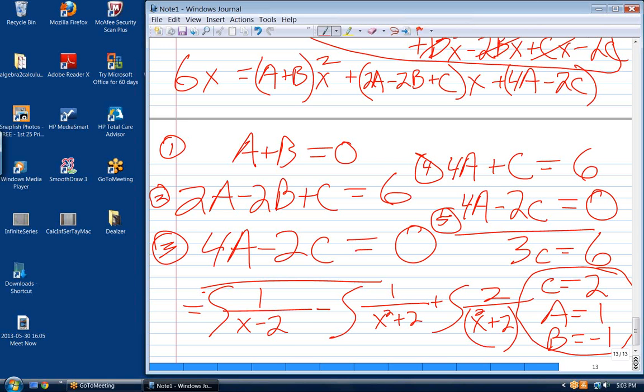Was this squared? Oh, no, excuse me. It wasn't x squared plus 2, it was the other factor. It was x squared plus 2x plus 4.